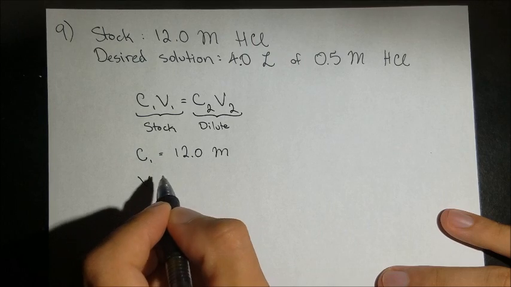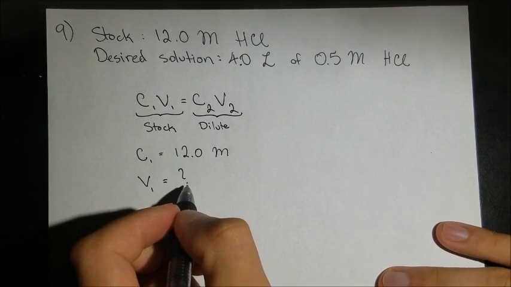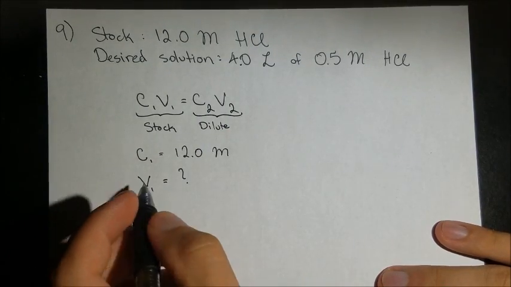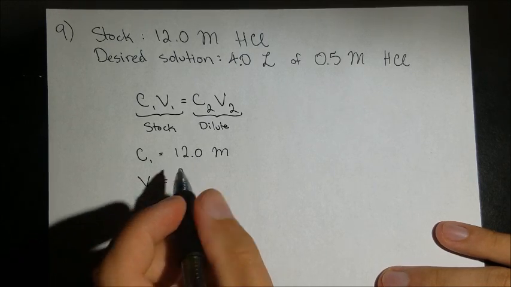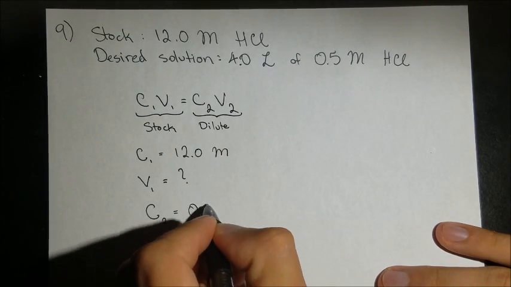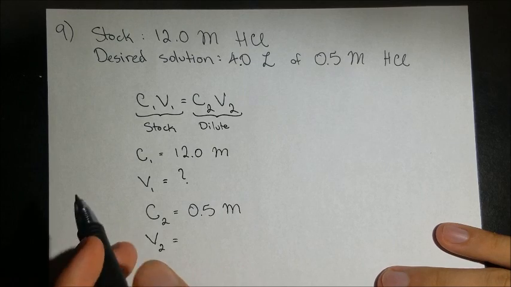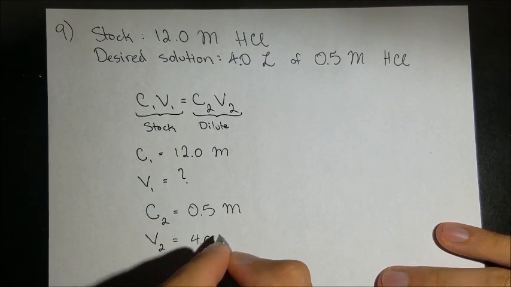V1 is what we're trying to find out. We don't know what V1 is, so we're going to use all of this information up here to figure out what V1 is. C2 is the concentration of our diluted solution, which is 0.5 molar, and V2 is the volume of our diluted solution, which is 4.0 liters.